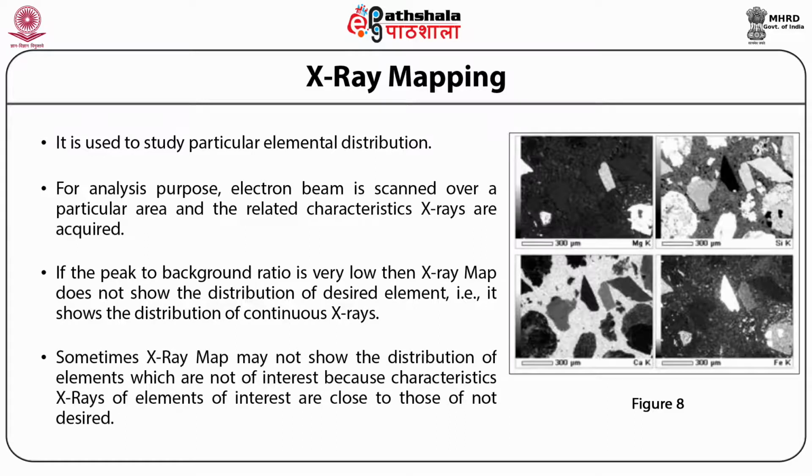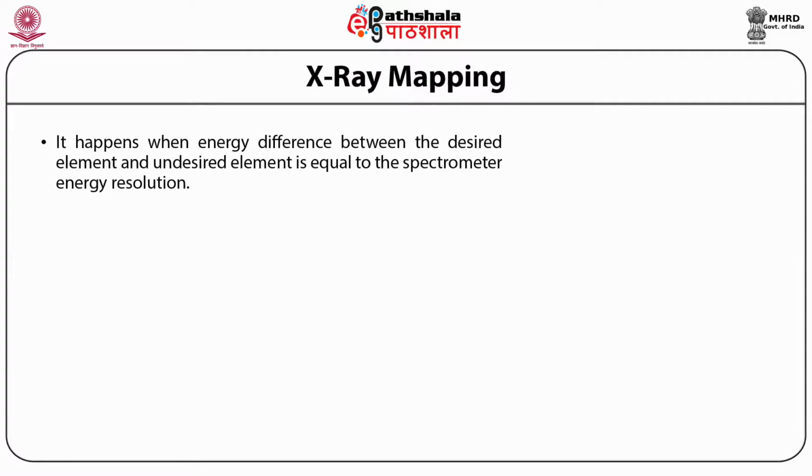Sometimes the X-ray map may not show the distribution of desired elements because characteristic X-rays of elements of interest are close to those of undesired ones. It happens when the energy difference between the desired element and the undesired element is equal to the spectrometer energy resolution.